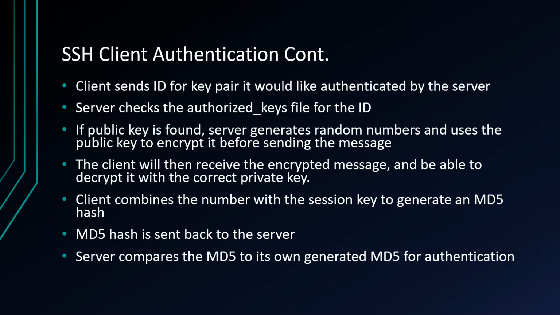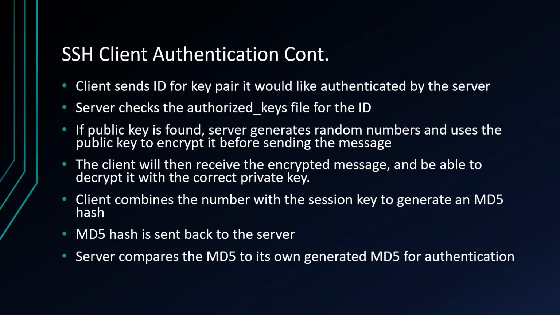This ID is then checked by the server in a file known as the authorized keys file, and it looks to see whether or not a public key with the same ID that was sent from the client is located within the authorized keys file. If a matching ID is found, the server will generate a random number, use the public key to encrypt that number, and send the encrypted number back to the client.